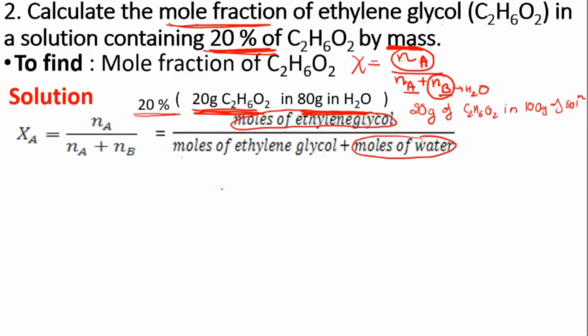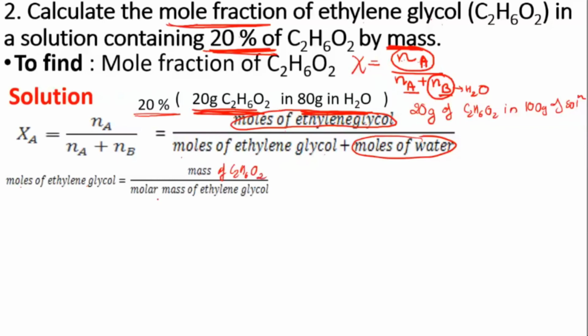Moles of ethylene glycol. What is the formula to calculate moles? Number of moles is mass by molar mass. Very good. So here moles of ethylene glycol is the mass of ethylene glycol, C2H6O2, divided by its molar mass.